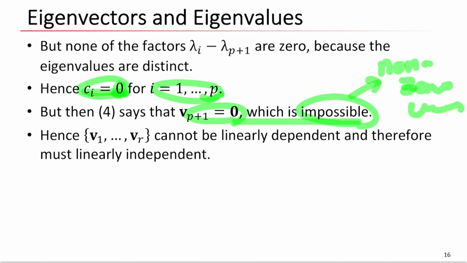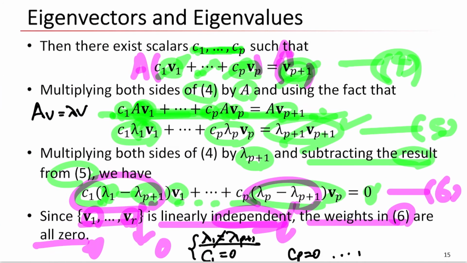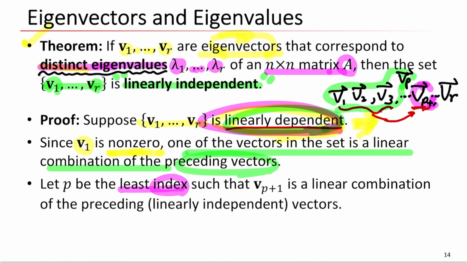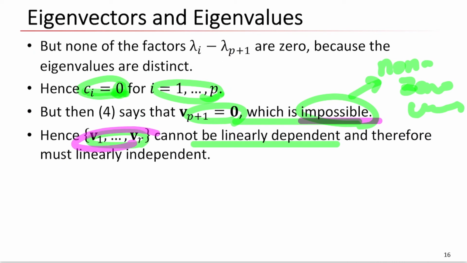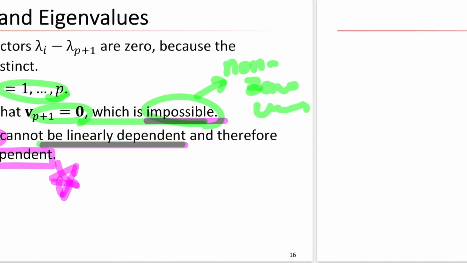So in this case, v1 through vr cannot be linearly dependent, because it's impossible. So this statement is not true. We finally argue that the set v1 through vr cannot be linearly dependent, therefore it must be linearly independent. Okay, so we proved this theorem.